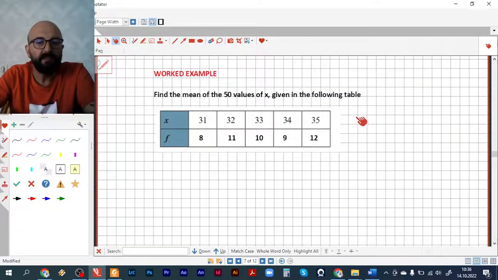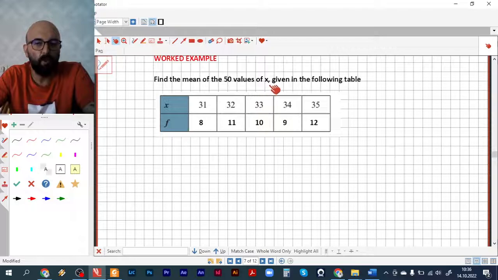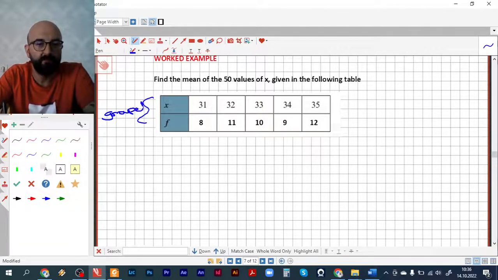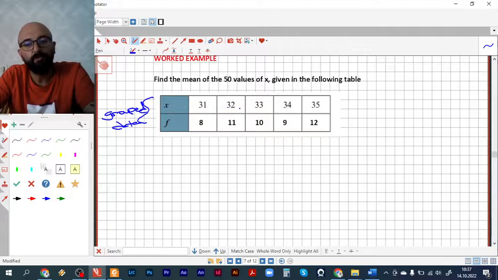Okay, now the other example. Find the mean of 50 values of x given in the following table. You notice that we have grouped data. The value 31 we have 8 times, the value 32 we have 11 times, the value 33 we have 10 times.